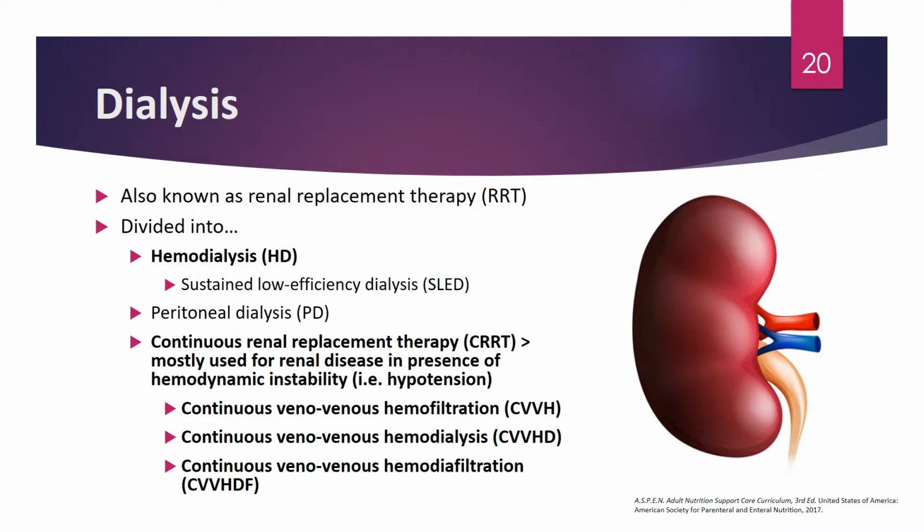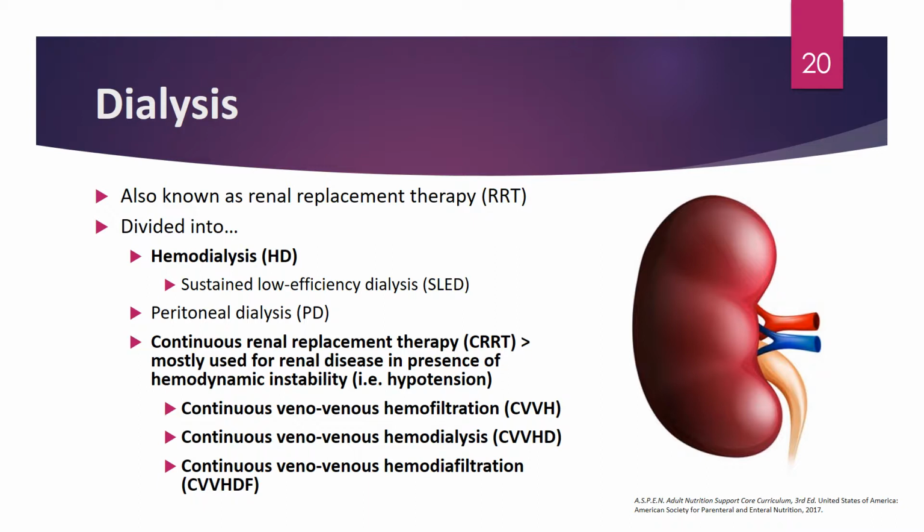Another type of hemodialysis that can be done to try to minimize the risk of hypotension is sustained low efficiency dialysis, or SLED. A lot of times SLED is done on the inpatient side as it is much slower in nature, or it is sustained, and it's typically done over longer periods of time. So it may be done over the same period as hemodialysis or much longer.